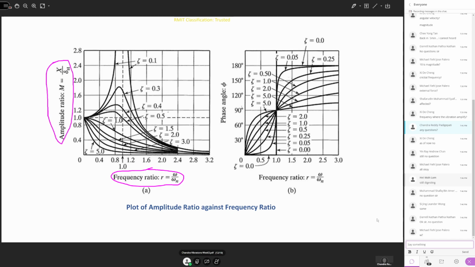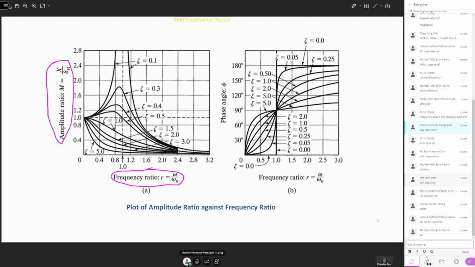So a plot between the frequency ratio and amplitude ratio. We just focus first on this.